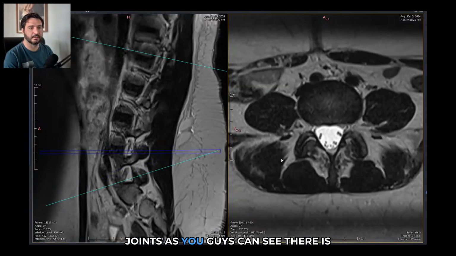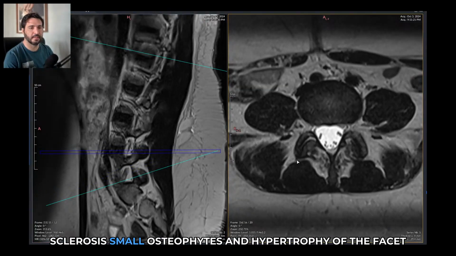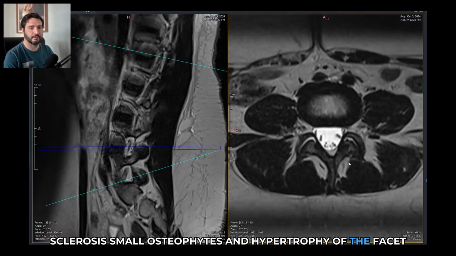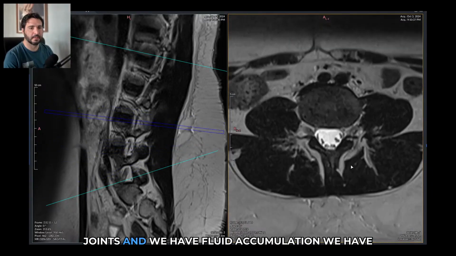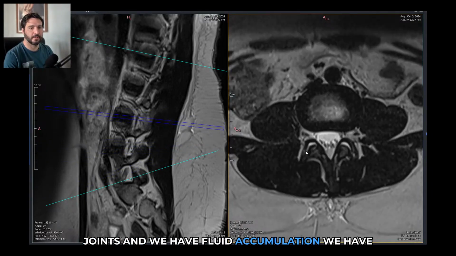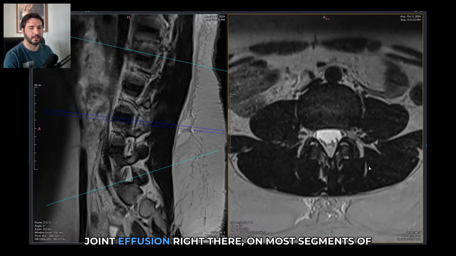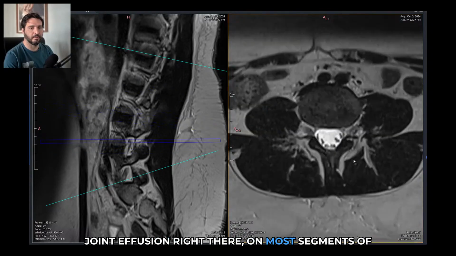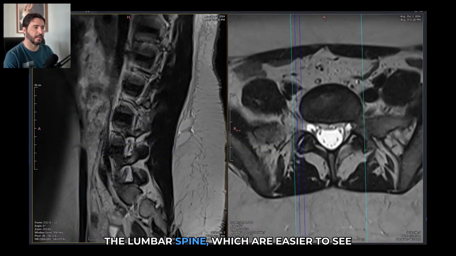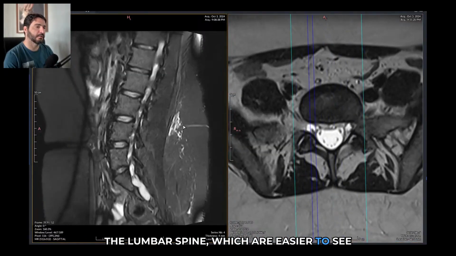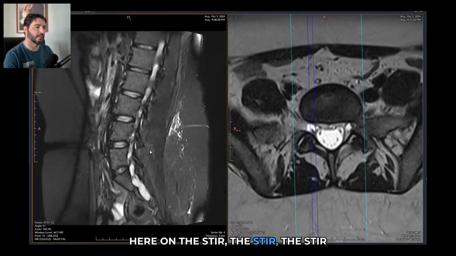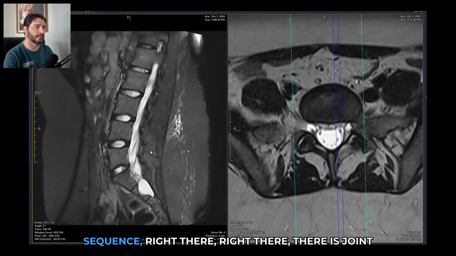facet joints. As you guys can see, there is sclerosis, small osteophytes, and hypertrophy of the facet joints. And we have fluid accumulation. We have joint effusion right there on most segments of the lumbar spine, which are easier to see here on the STIR, the steer sequence.